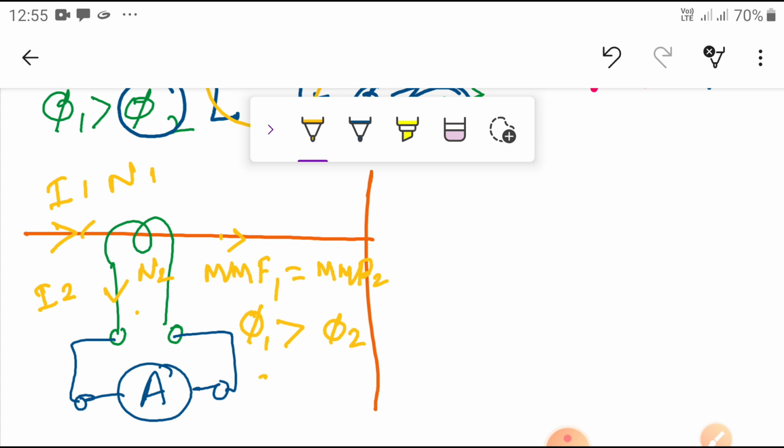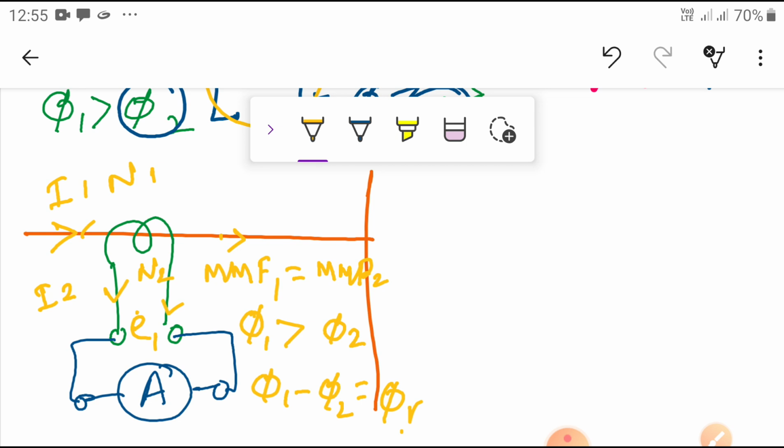So the difference phi 1 minus phi 2 is equal to phi r, the resultant flux. This resultant flux links with the secondary coil once again and induces the EMF E1, the induced EMF due to the resultant flux existing at the secondary. Once it is connected here, the ammeter will show the reading based on the CT ratio.